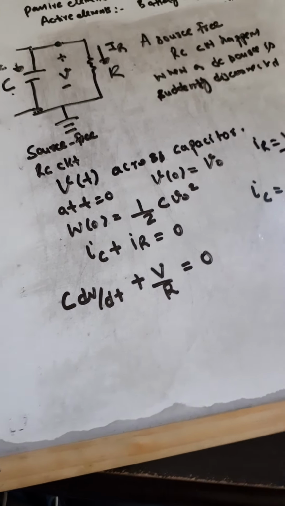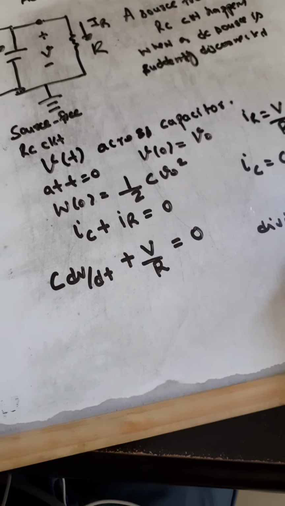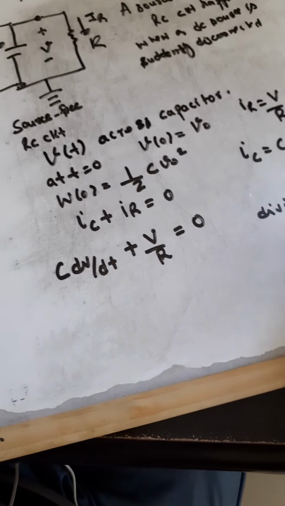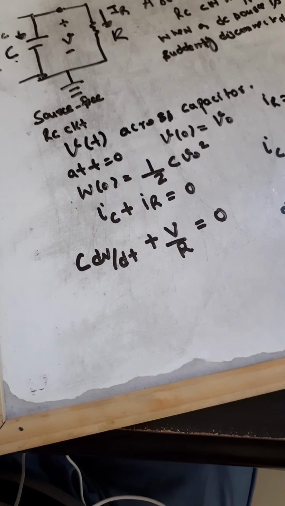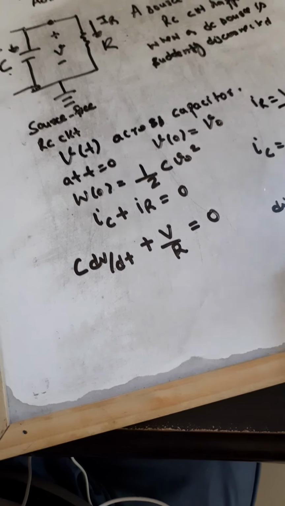Now we can divide this equation by C. Once we divide the whole equation by C, we have dV by dt plus V by RC is equal to 0.